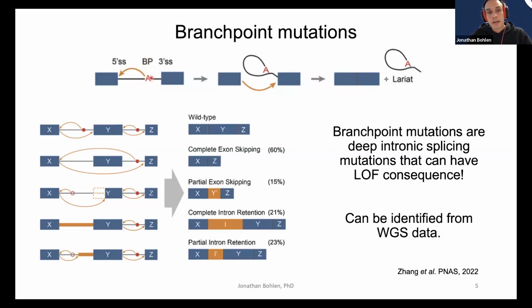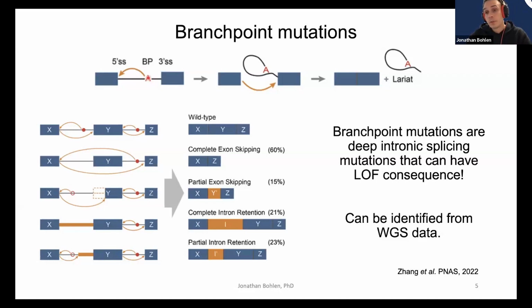If you don't know, the branch point is a sequence pattern that is present somewhere in the intron between two exons. Probably you are aware of the splicing consensus sequences at the intron-exon junctions, and these are part of the routine variant calling that all of us use. But there's also a very important sequence motif, the branch point, and that is inside the intron.